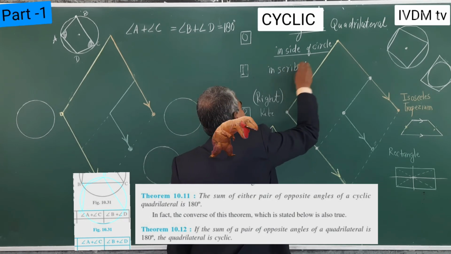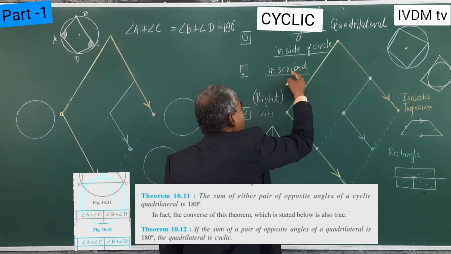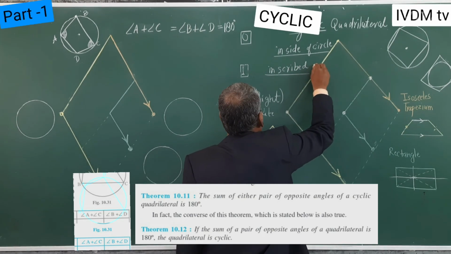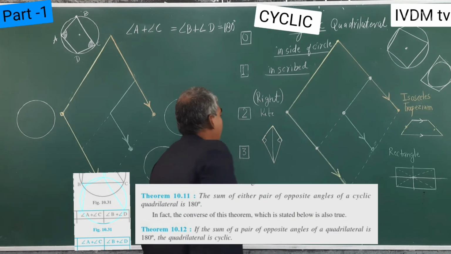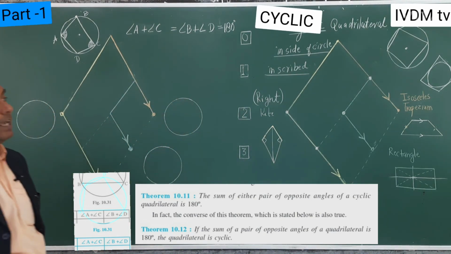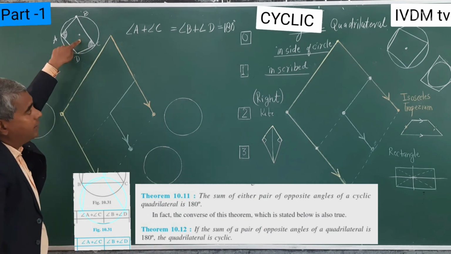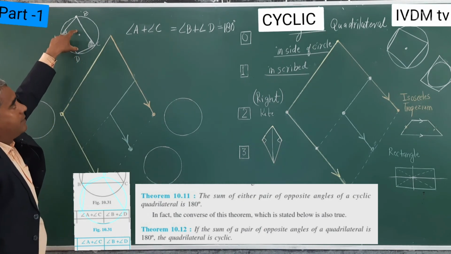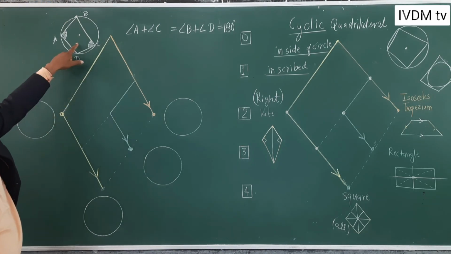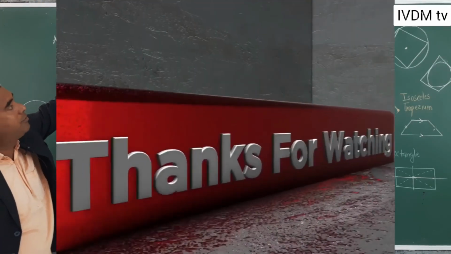Inscribed means formed inside. So what are the quadrilaterals which can be formed inside this circle? This is the general case. But where does this general case hold? So this was the general quadrilateral, and this was the condition.